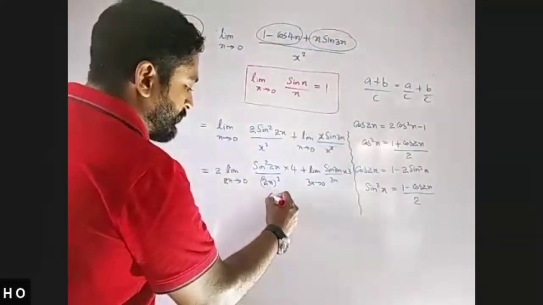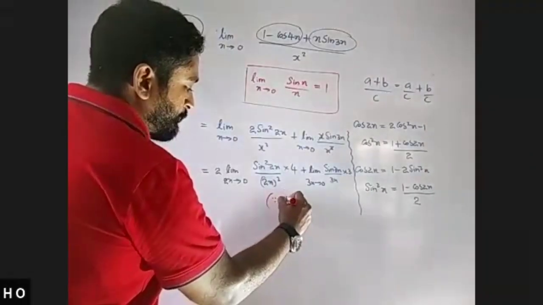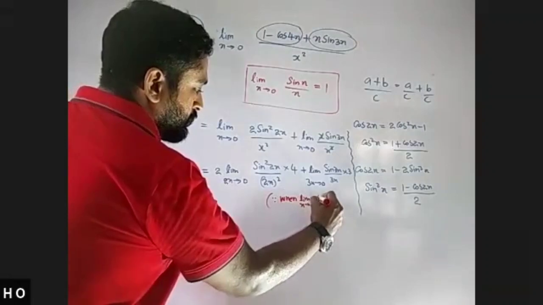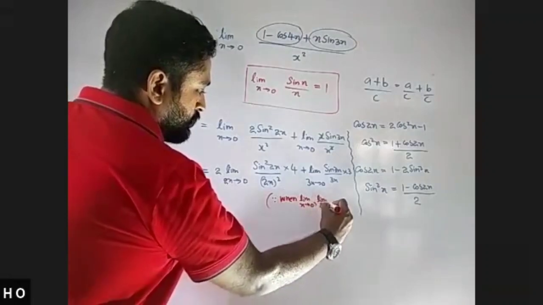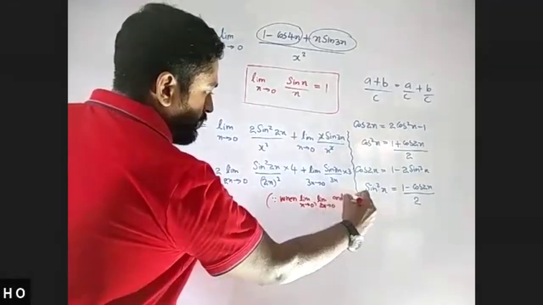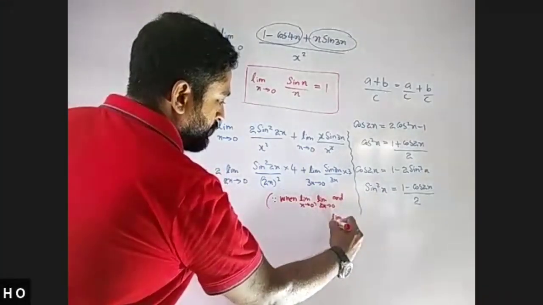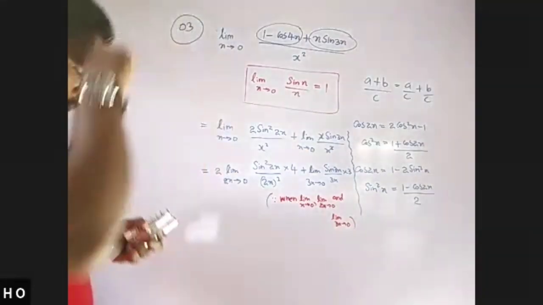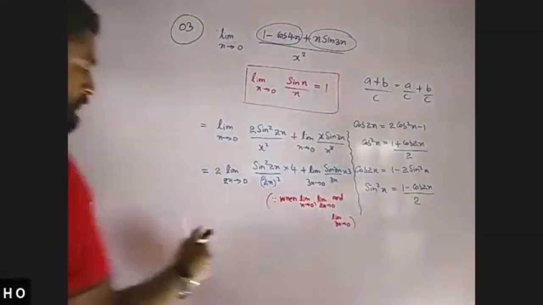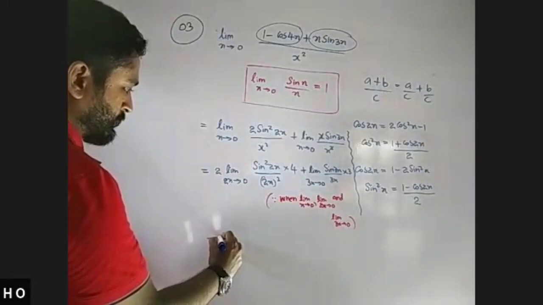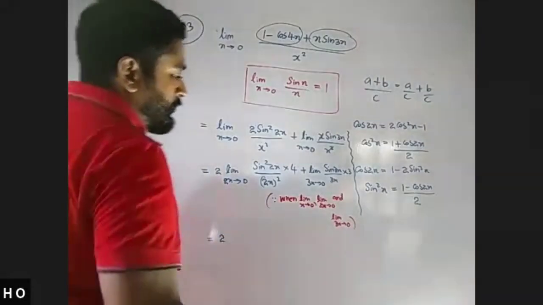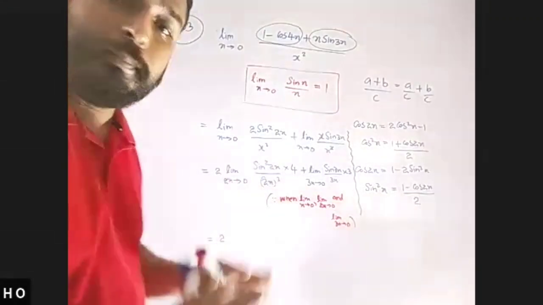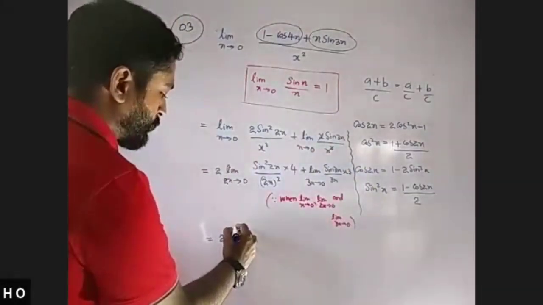How to justify? Because when limit x tends to 0, 2x tends to 0, and 3x tends to 0. Both are tending to 0. Next step equals 2. Another thing you have to know is when you have a power of a limit, you can take the whole thing into the power according to the properties.